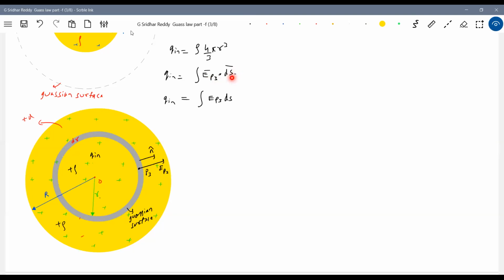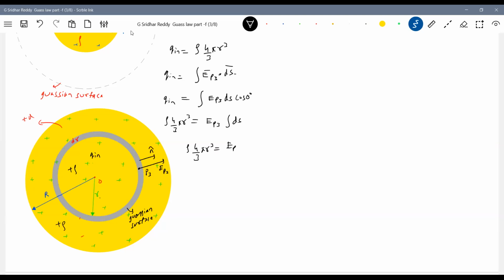So cos 0 will be 1. At all points it will be constant, so this will come outside. So integral of ds. So what is Q in? Now I'll substitute here, rho 4 by 3 pi r cube.